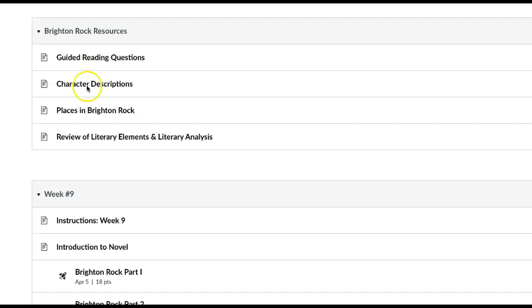There is also a section about characters. There are a bunch of different characters in here, and they kind of run together before you get to know them. So I have a list of character descriptions here for you guys to look at. Places description, because there are some interesting places just to kind of keep in your brain.